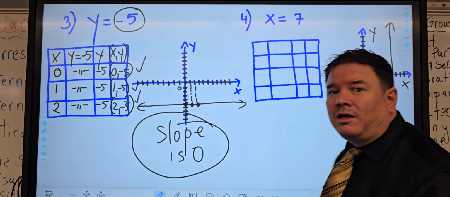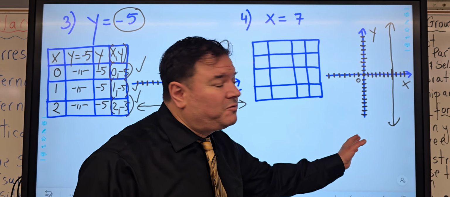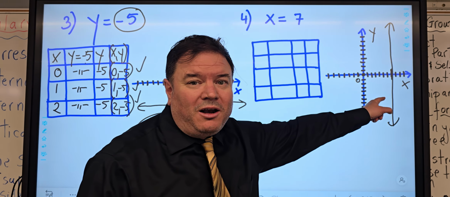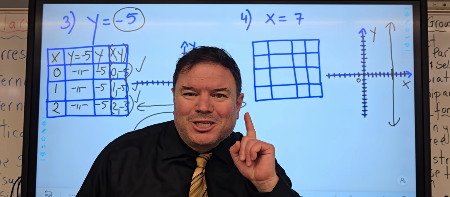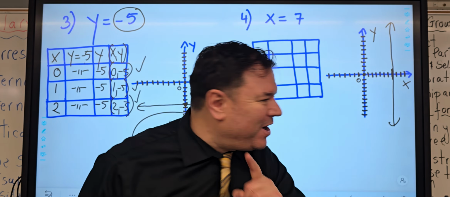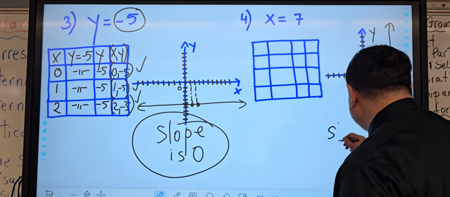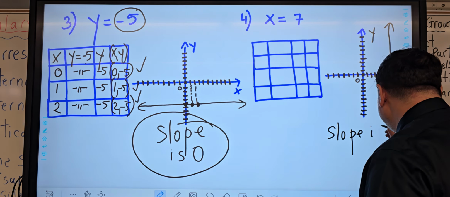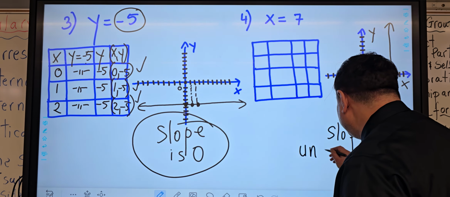And in this case, since the line is vertical, do you see any slope there? We call this, the slope is undefined. Remember that. Slope is undefined.